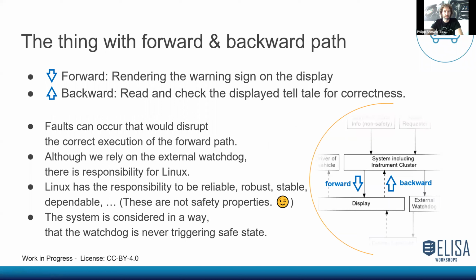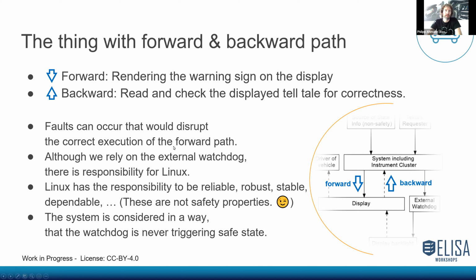Here, the way forward basically means what comes and gets rendered. So everything on the way to the display. But you need to make sure that whatever is on the display is getting back. So for this part, you need to see that the display is proper and correct.